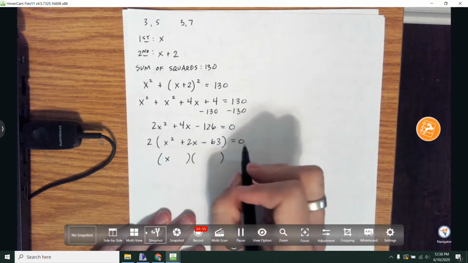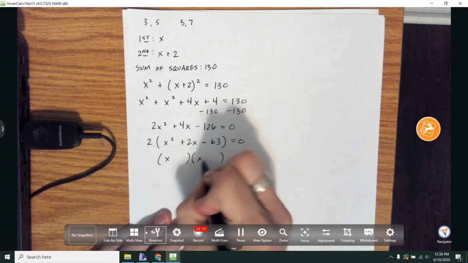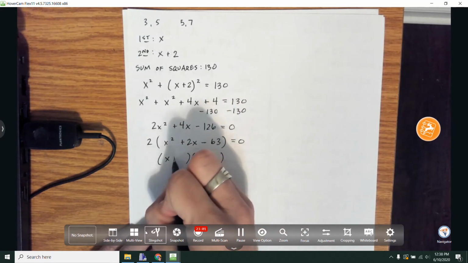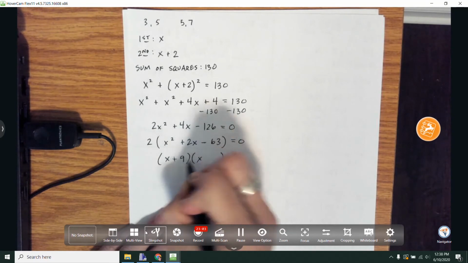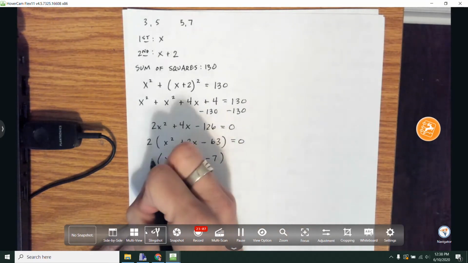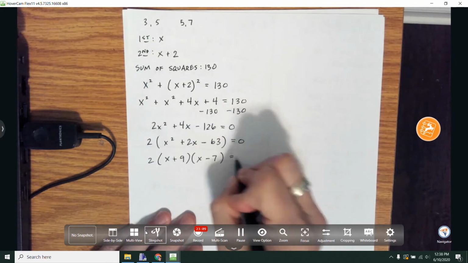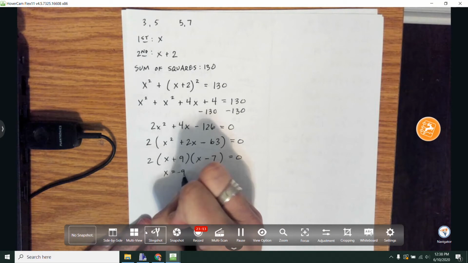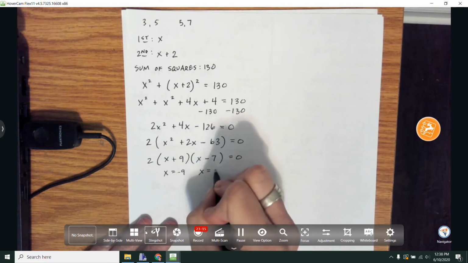The two numbers multiply to give us negative 63, and they add to give us positive 2. And you can work on that. You should be able to find that you get 9 here and 7 here. We still got our 2 out here. We're going to find that this x equals negative 9, and this x equals positive 7.